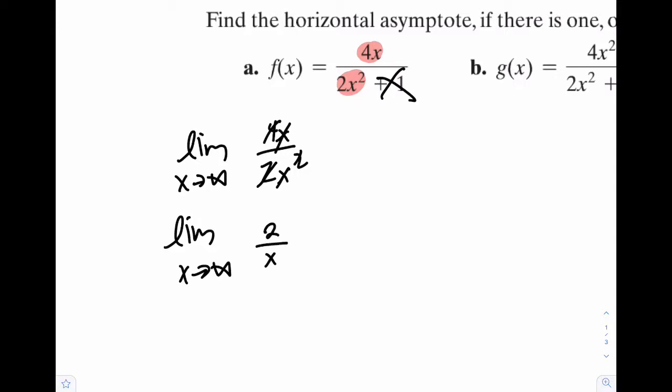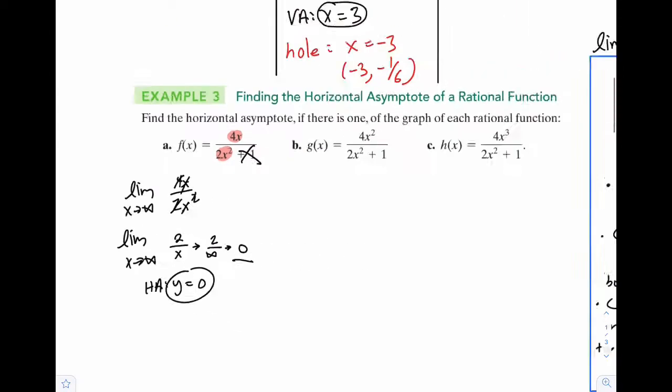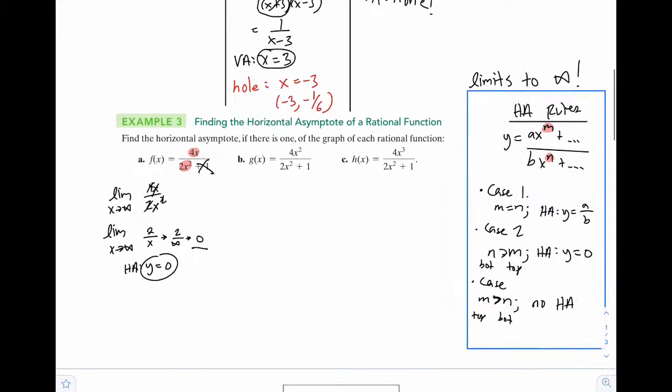Now plug in infinity, and this is going to go to 0. So your HA is y equals 0. So you did that for your homework, and notice how that fits this rule, this case 2, exactly. The bottom exponent is bigger, therefore it's y equals 0.